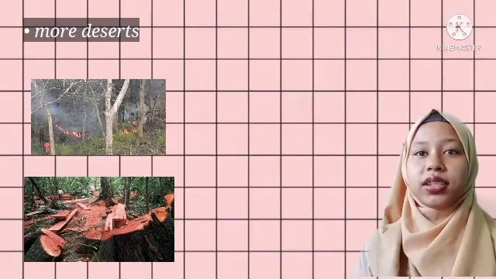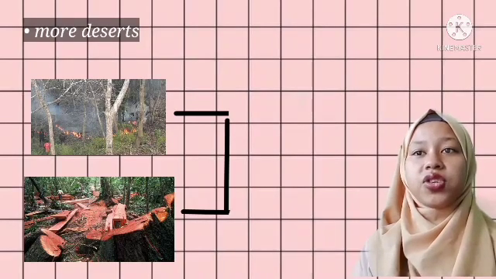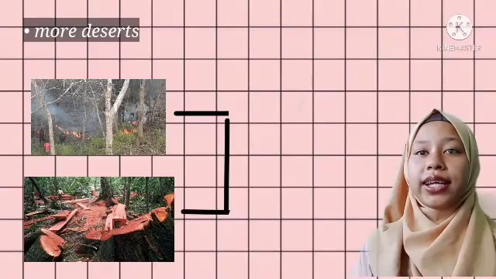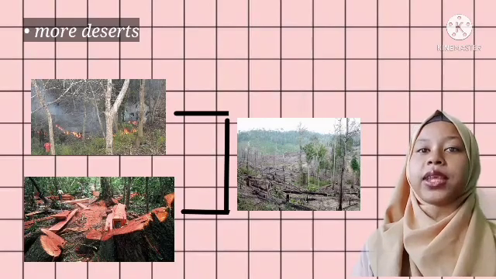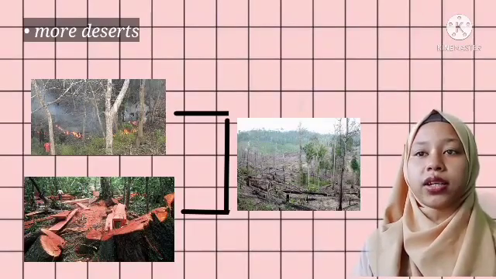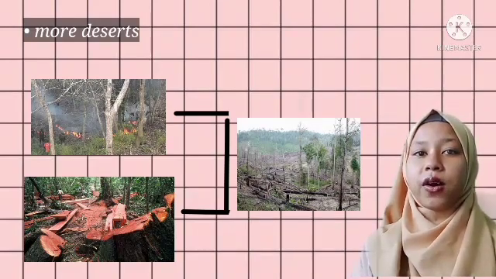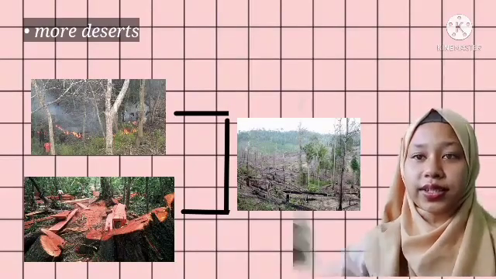In addition, the presence of dense forest areas also functions as a regulator of the water cycle and reduces the risk of flooding or landslides. Many people cut down trees so no one absorbs water. The larger number of farmlands resulting from this causes a lot of land to become barren.